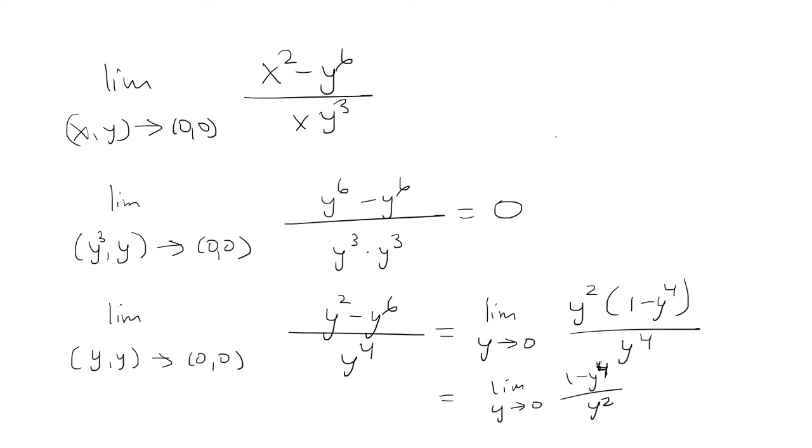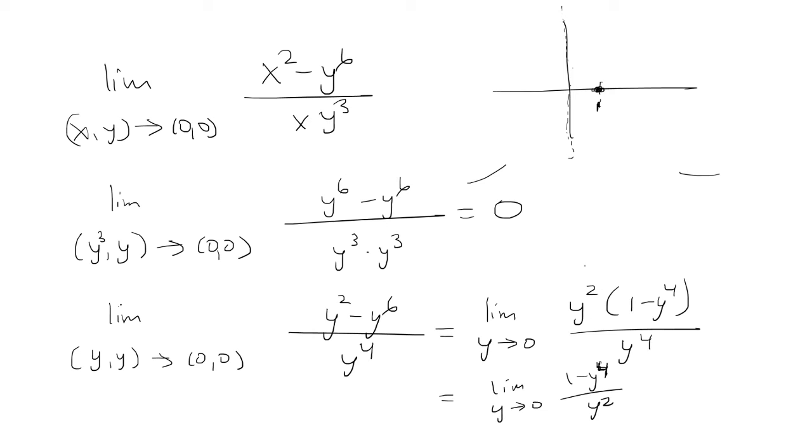And here you can think of the function 1 minus y to the 4th over y squared as just a function where the vertical asymptote is at 0, x equals 0, and as y approaches positive infinity, this will go to negative infinity, and it's also going to negative infinity as y approaches negative infinity. And let's say if we pick y equals 1, that's going to be the x-intercept.